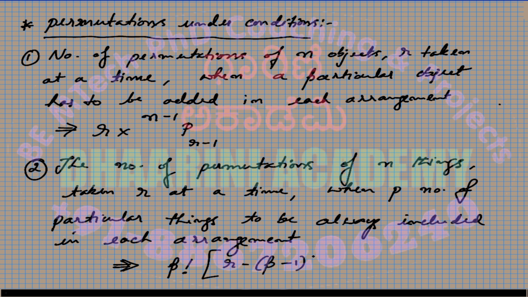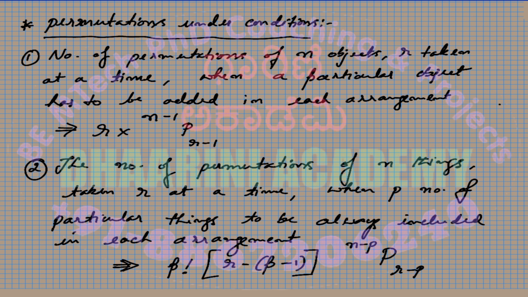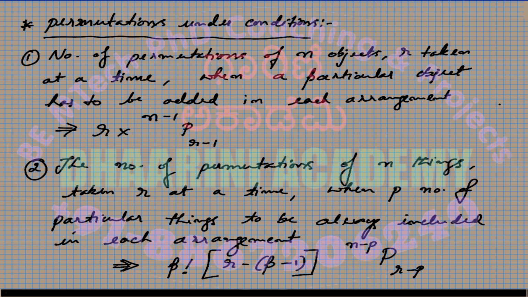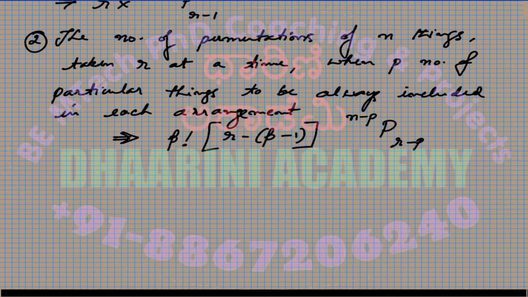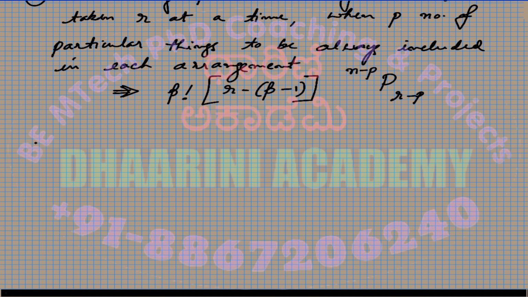When p is 1, we get the previous answer, r into (n minus 1)P(r minus 1). But when there are p different objects supposed to be included, this is the equation. That's the second point.